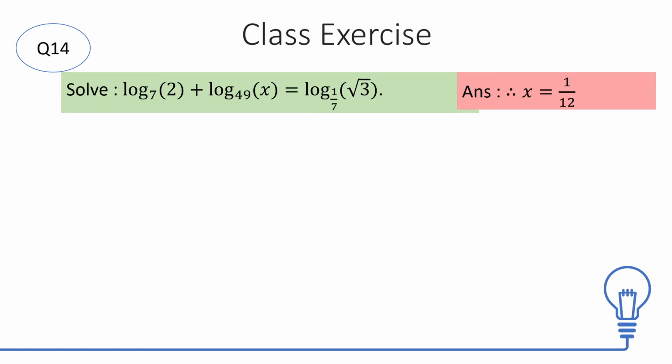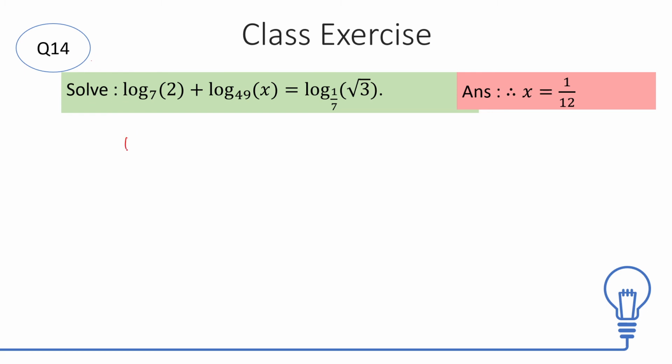Now this question, you have base 7, 49, 1 over 7. You can interchange them, but first, I don't like fractions. And the second thing is 49 and 7, the smaller is 7, so we choose 7.